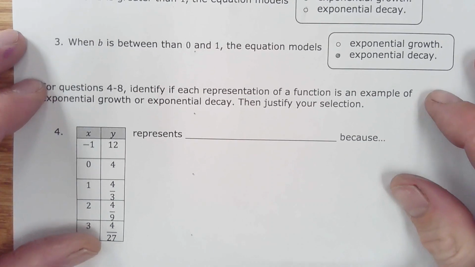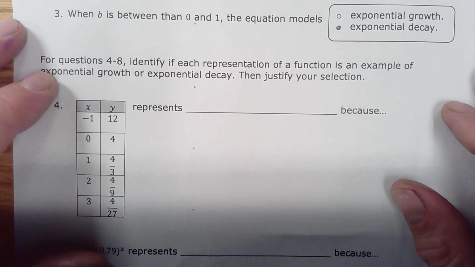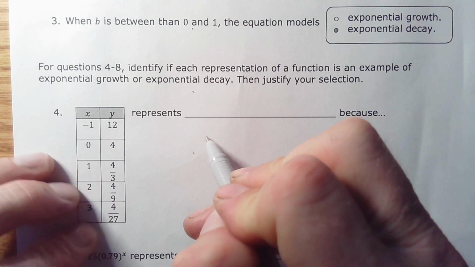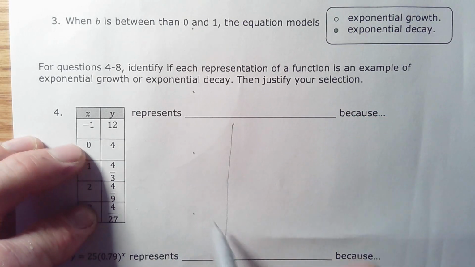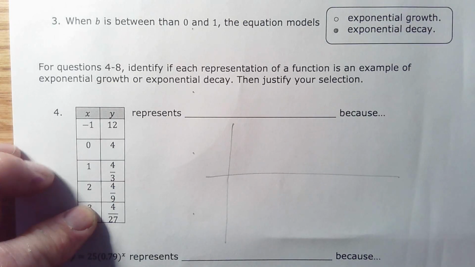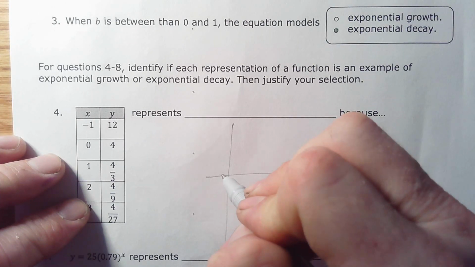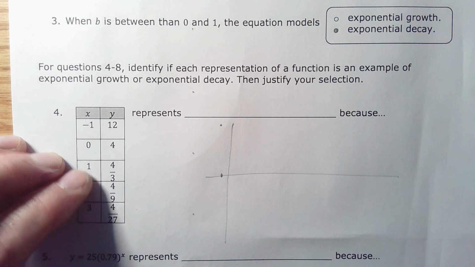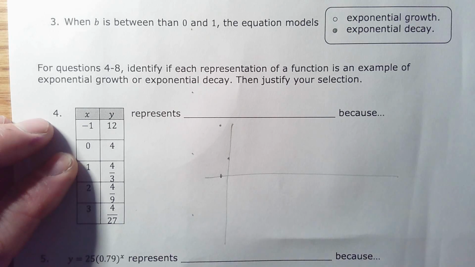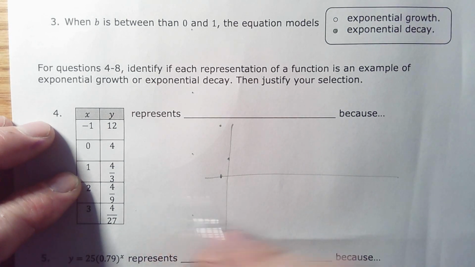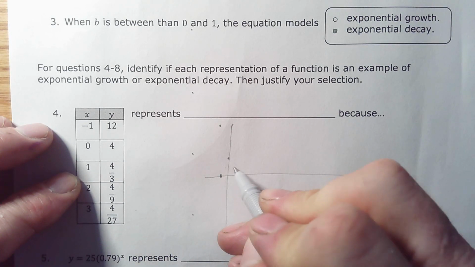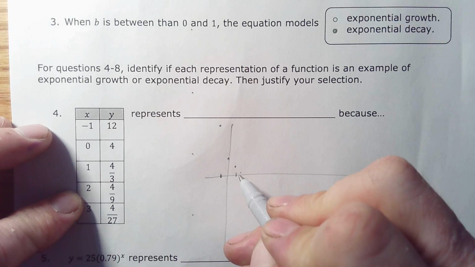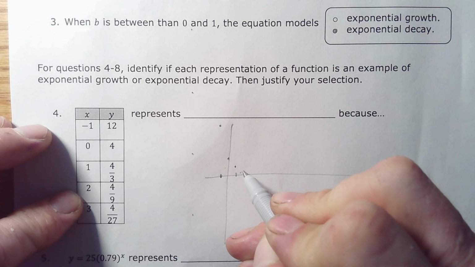Here's something like this. We can look here and see that if I had an x and a y, at x equals -1, my y is way up here at 12. At 0, it's at 4. At 1, it's a little bit over 1. At 2, it's a little bit closer to this asymptote, just over a half.